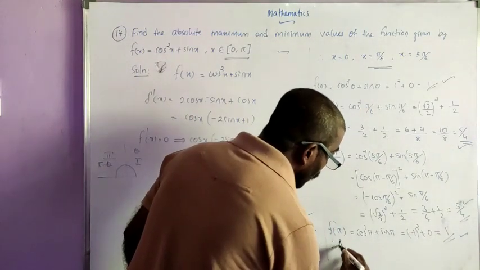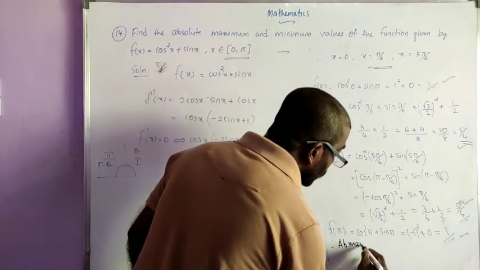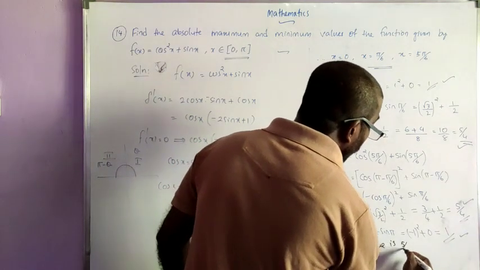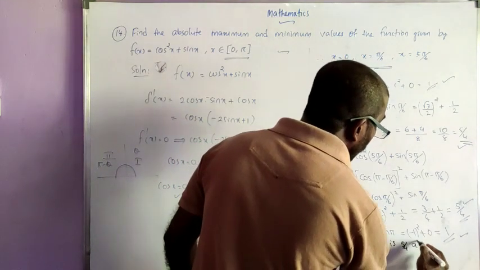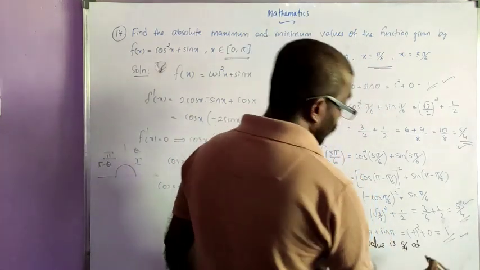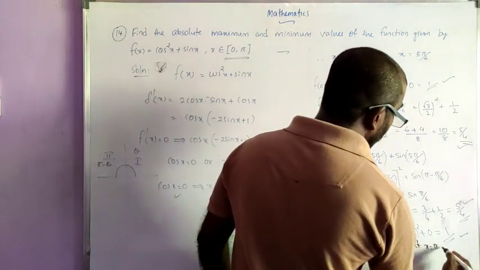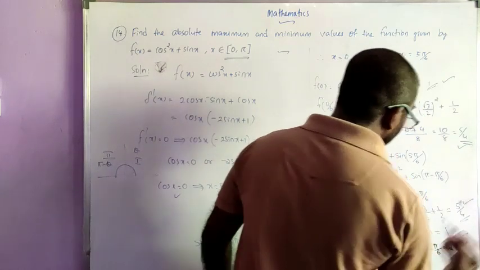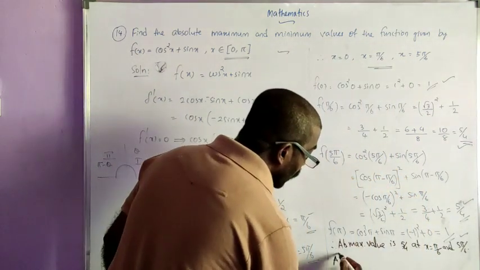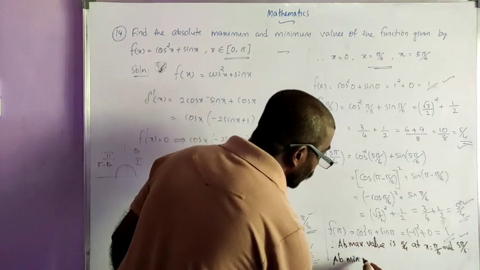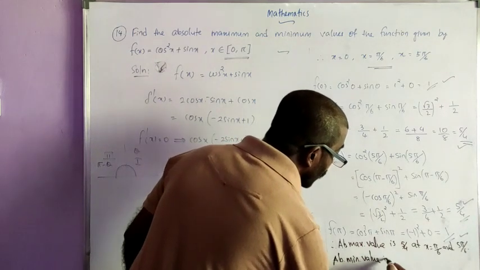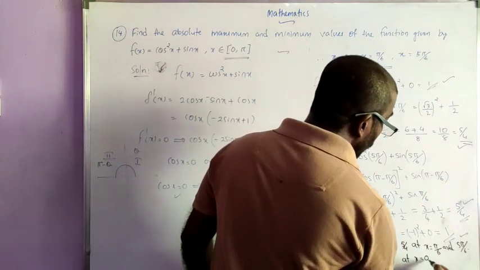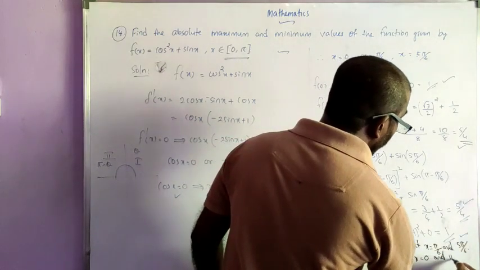Therefore, the absolute maximum value is 5 by 4 at x equal to pi by 6 and 5 pi by 6, and the absolute minimum value is 1 at x equal to 0 and pi.